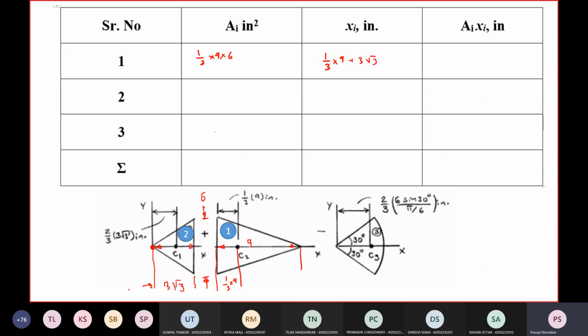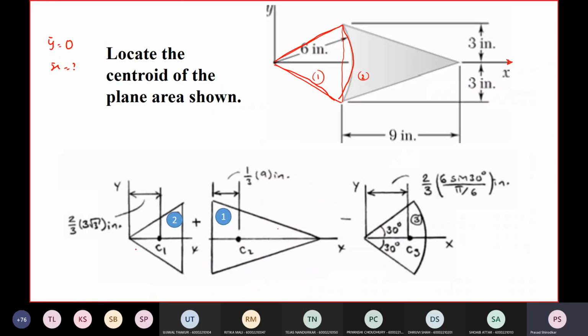Okay, how did I get this 3 root 3? See, this is 6, this is 3. So this angle will be sine inverse of half, yes, 3 by 6, that is half. So this angle is 30 degrees.